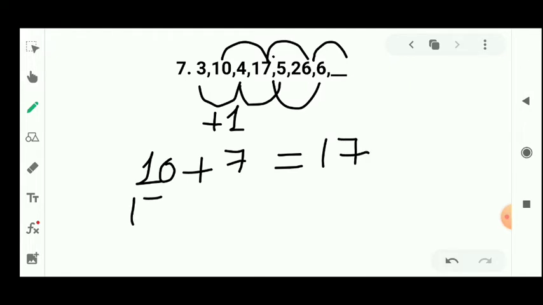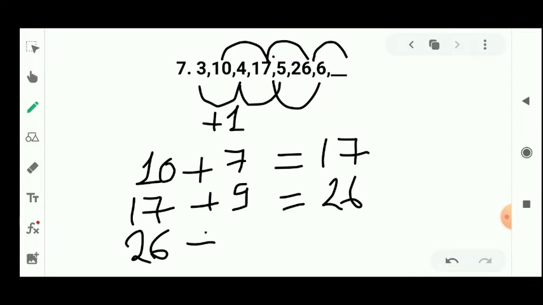Then 17 plus 9 will be 26. And 26 plus 11 will be 37. So option number B will be right, that is 37.